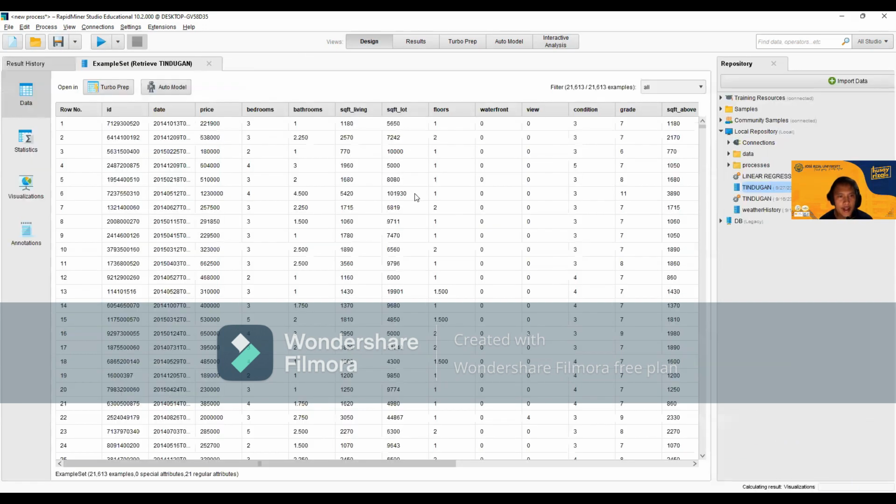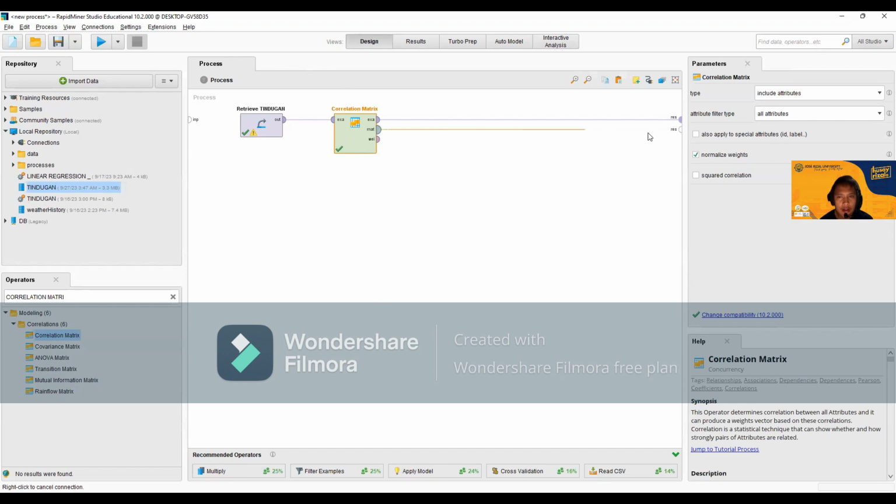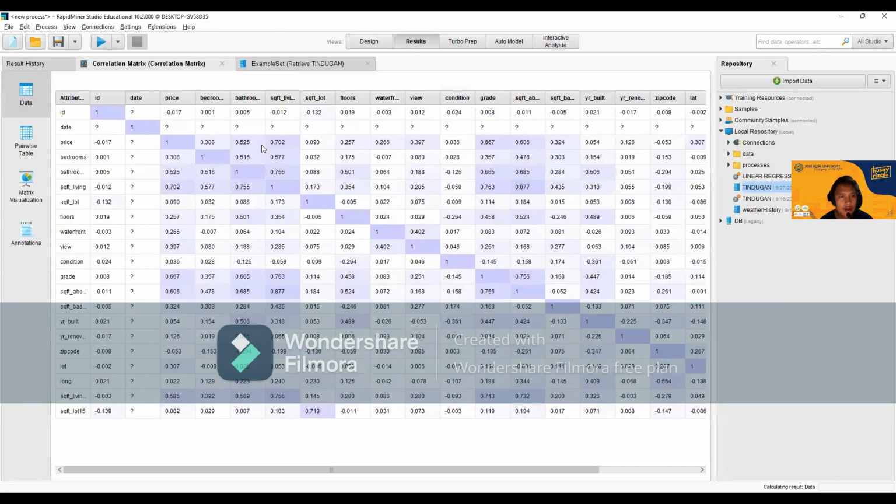So if we run it, as you can see here, for our prediction of the price, we need to know what is a good relationship with the price.